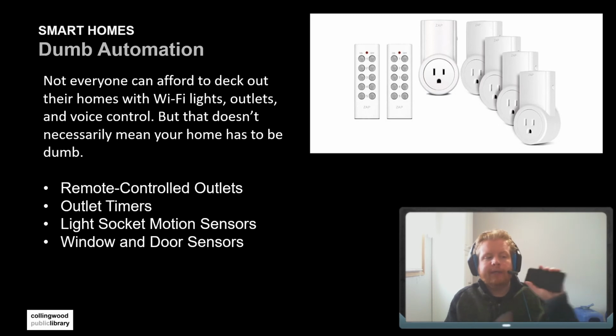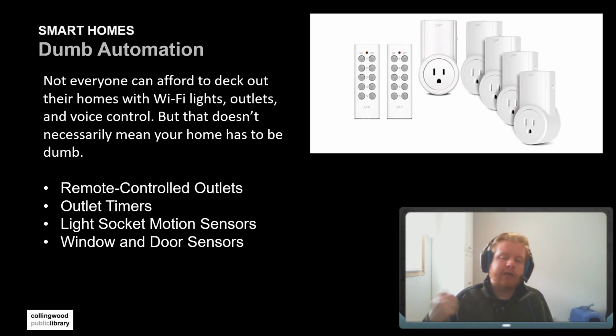We won't be able to control them with our cell phones or tablets. So, examples of this can be a remote control outlet where, before we leave the house, we can turn it off. So this will prevent power seeping through and going into our TV or whatever device we have.